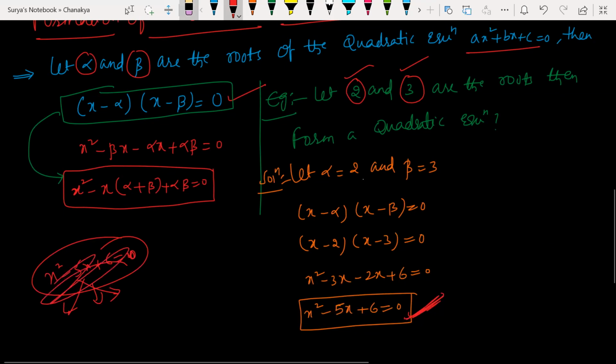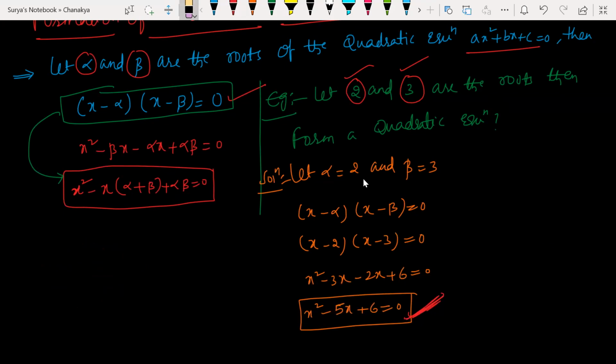Now that is not the case over here. If they give roots, we have to find the equation of that. Opposite. Earlier they had given the equation and asked us to find the roots of that particular quadratic equation. Now they have given roots, they are asking us to find the quadratic equation. That is the difference. Getting my point, children?